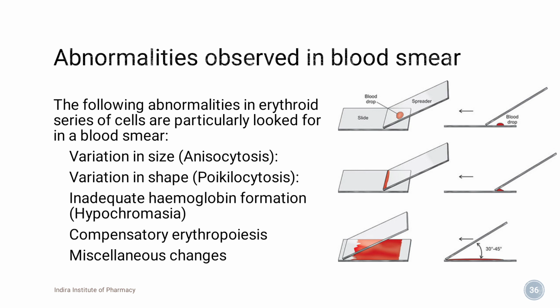Take a slide and ensure that it is clean and sterilized properly. Then you have to prick your finger, mostly the index finger. Wipe your finger with cotton and alcohol, or sterilize it. Then let it dry. Then you can prick your finger with a lancet.